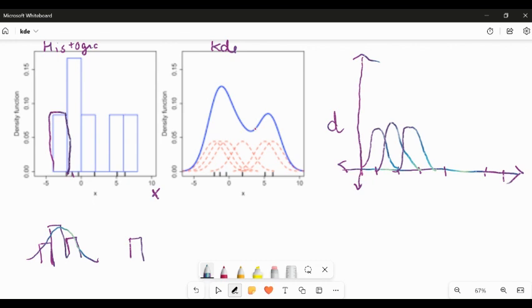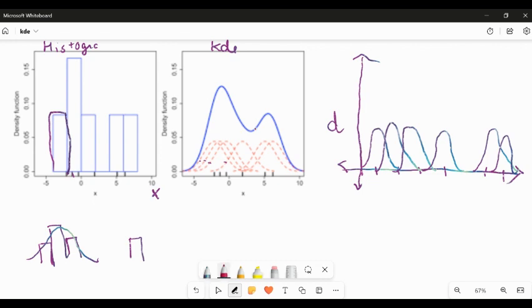The fourth distribution is quite away from the first three, so first, second and third are together and the fourth is away. And the fifth and sixth are away from the first four over here. Okay, you have done with it.